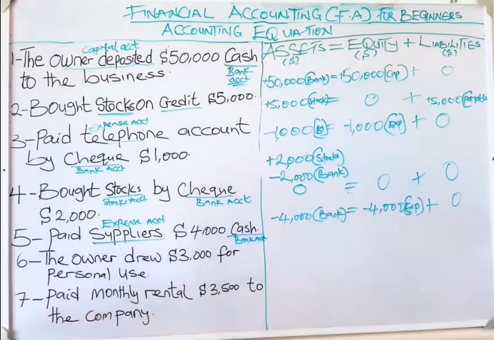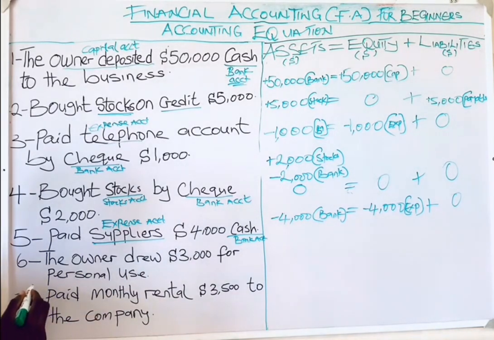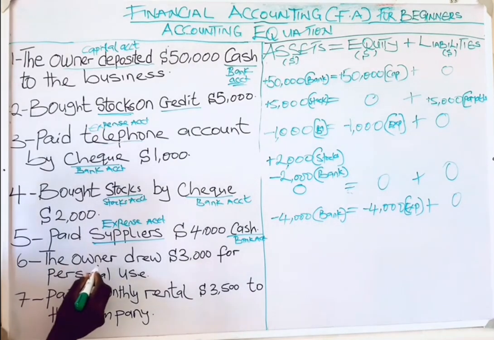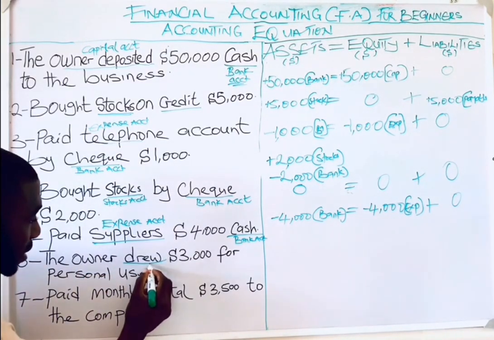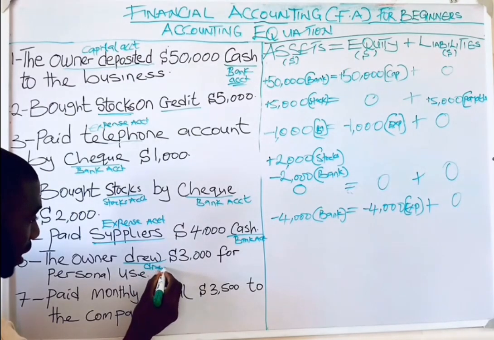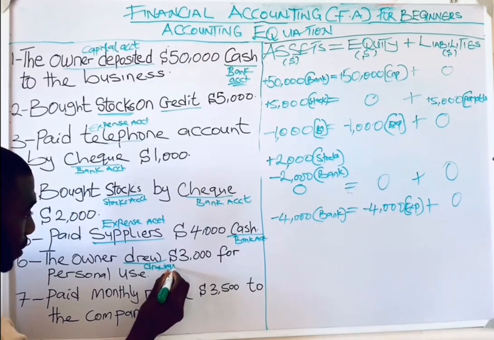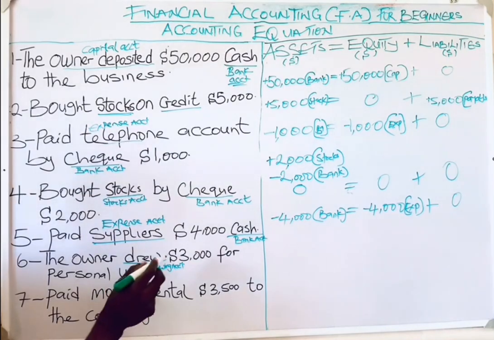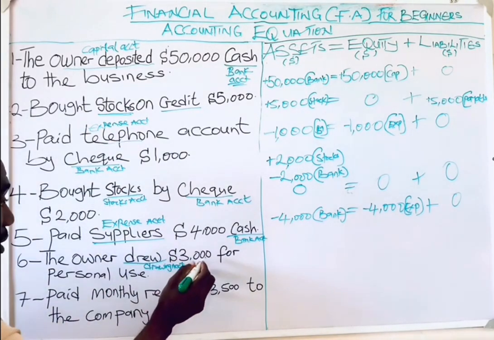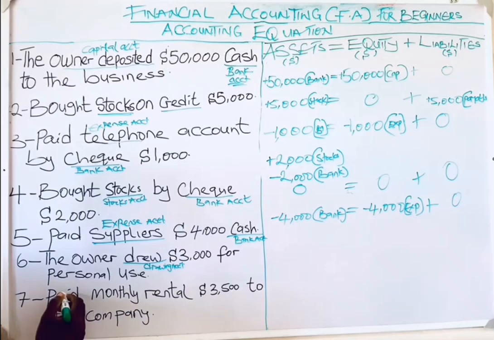Okay, let's continue. Now let's identify the accounts in the transaction 6. The owner drew, here is drawing account, $3,000 for personal use.